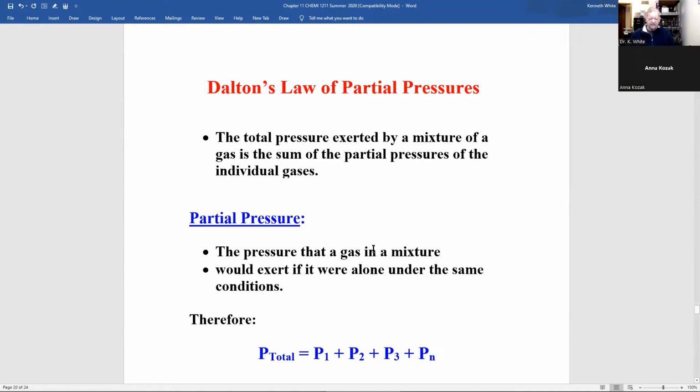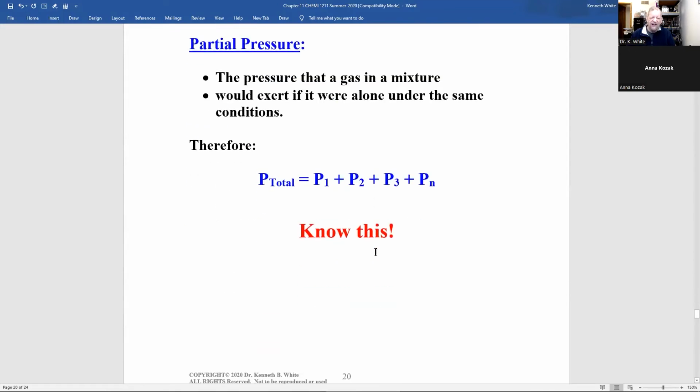And excuse me, the partial pressure is the pressure that gas in a mixture would exert, meaning what it would be if it were alone under the same conditions. And therefore, Dalton's law is P total, the total pressure, equals the sum of the partial pressures of each gas in the mixture.